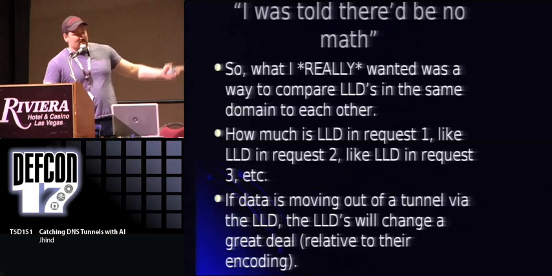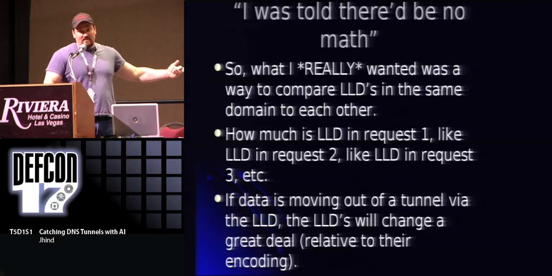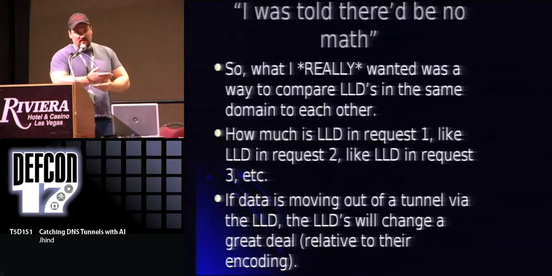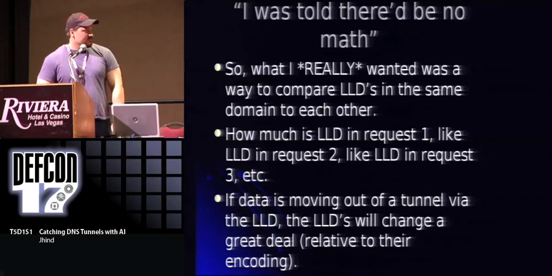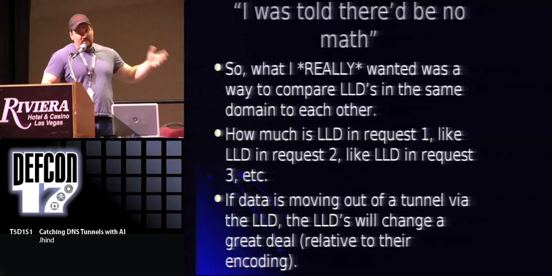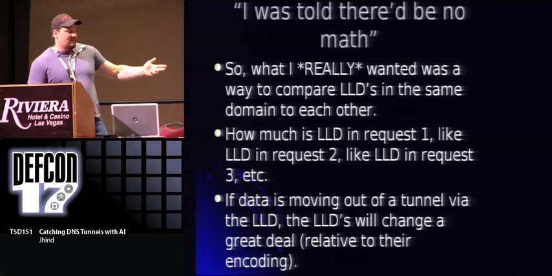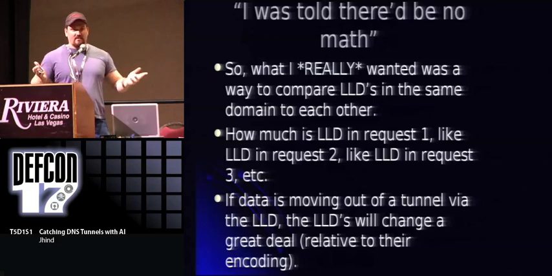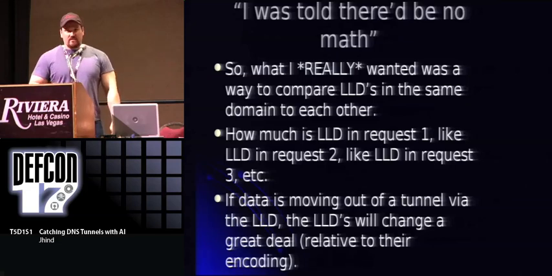So how much is the first request like the second request, like the third request? I think that's what your brain is doing when you immediately look at that and make a decision. And if data is moving via a DNS tunnel, you should see the LLDs change a great deal. There should be a great deal of change from request to request.